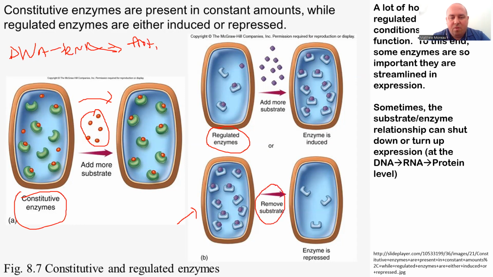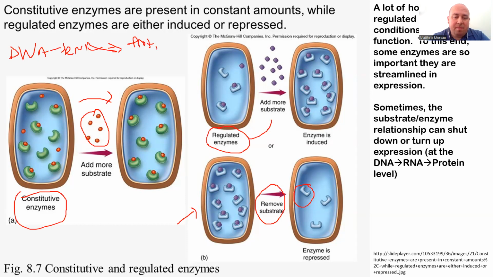So if you have enough enzyme to cover substrate, and then the substrate is removed, then there's no substrate to be bound, so you express less enzyme. And this is how most enzymes and most proteins are expressed. Most proteins at some level are regulated, except for ones that are absolutely critical for cell physiology and homeostasis, also known as housekeeping genes.